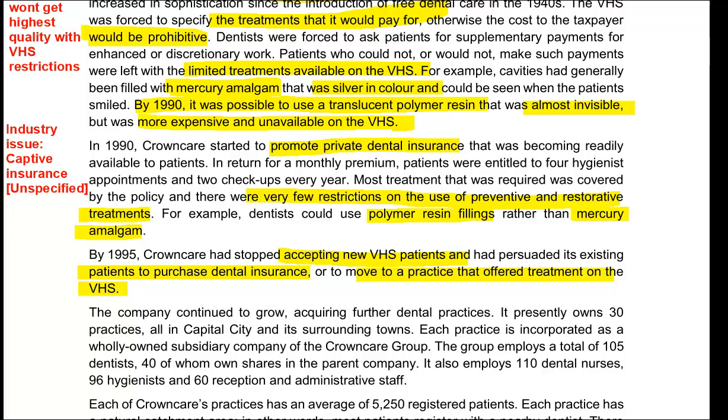So we're mitigating risk here as good risk management. In terms of the TARA framework, for example, we are avoiding risk by declining any new VHS patients and encouraging existing patients to either go private or go to a different practice. Now, I imagine there might be some existing VHS patients that are quite elderly and refuse to change practice, but ultimately we can assume that pretty much everybody on their books now is a private patient.